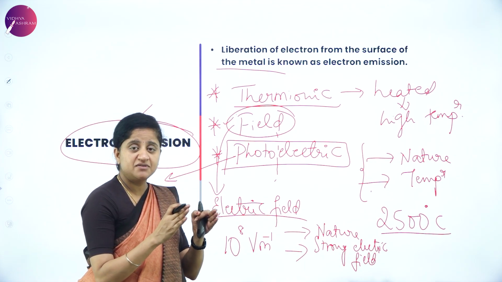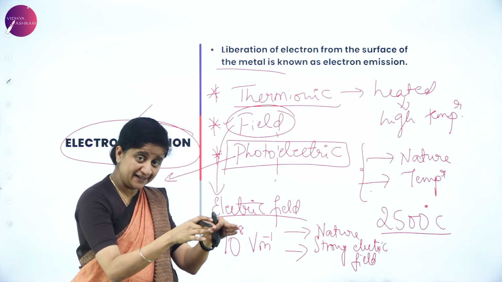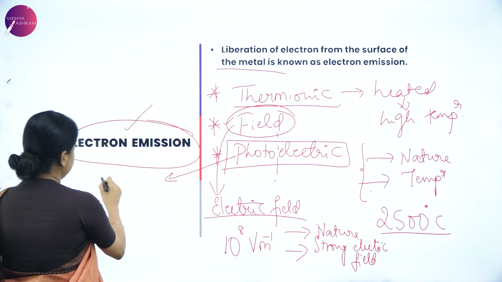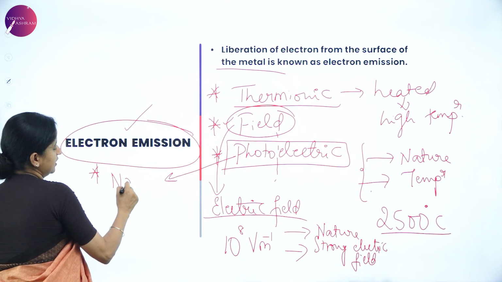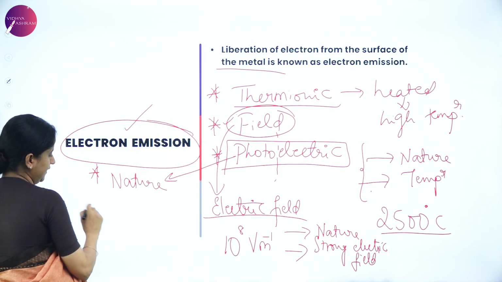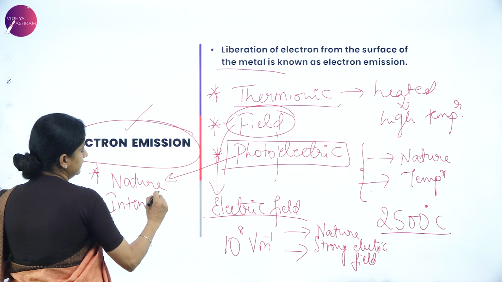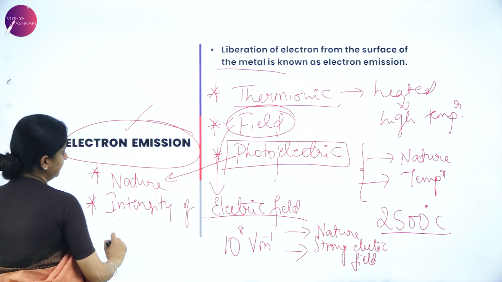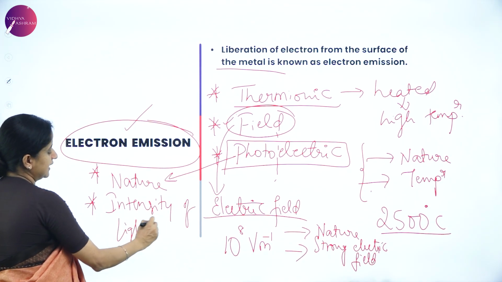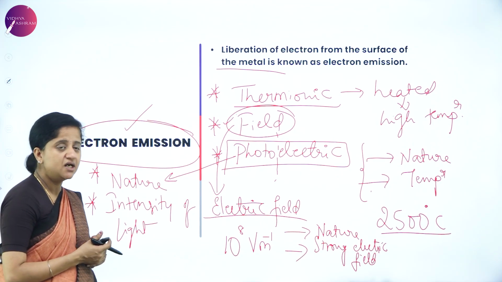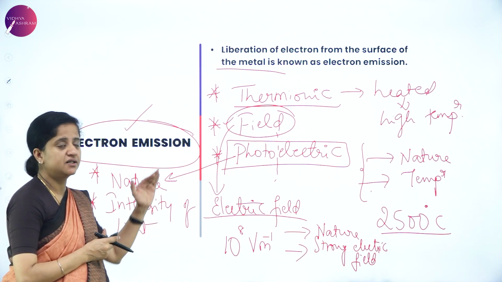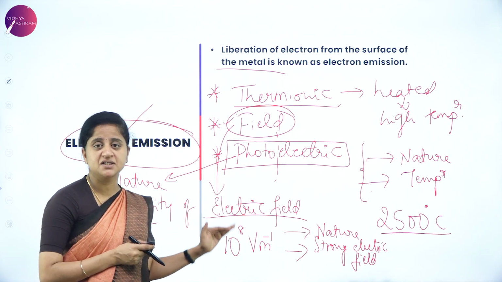Photoelectric emission also depends on the intensity of incident radiation. It also depends on the nature of the material. It depends on the intensity of the light or supplied radiation, which is nothing but light in the case of photoelectric emission. So these are the two factors on which photoelectric emission depends.